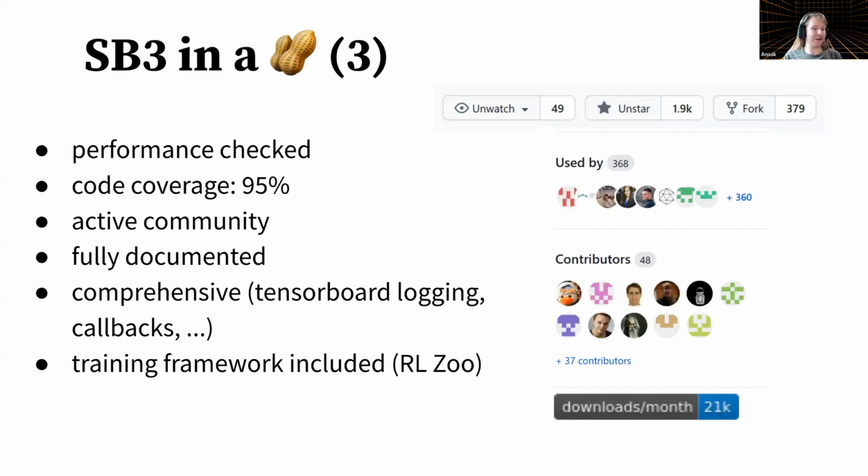We also like to advertise our documentation, which covers almost everything, and we always update it when there are bigger questions. We also have callbacks you can modify, and TensorBoard logging, but that's going to be touched on by Costa soon. And finally, we have a training framework included that you can use to run your experiments, store your runs, and also replicate the results.